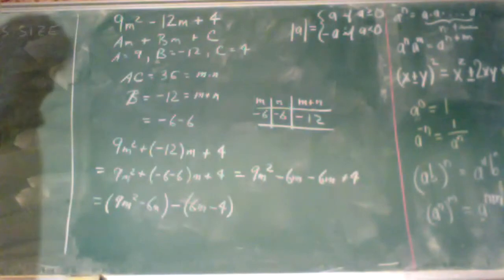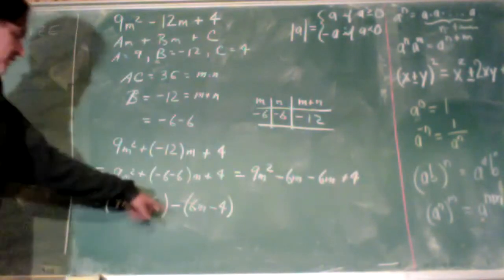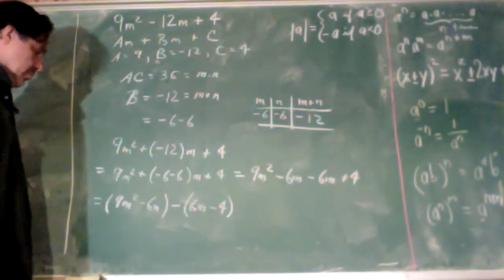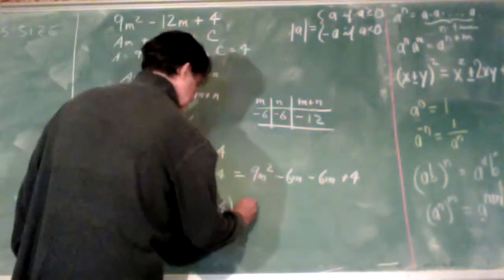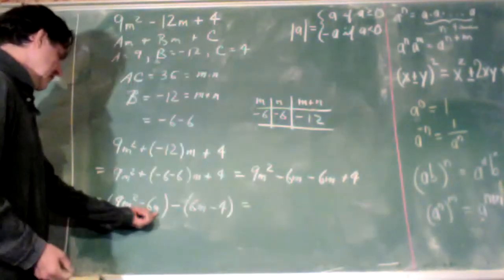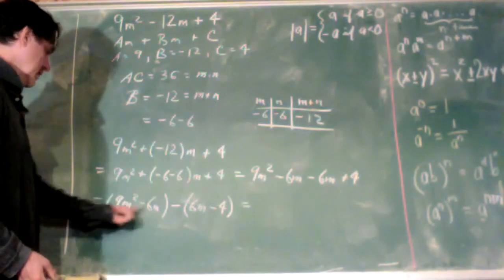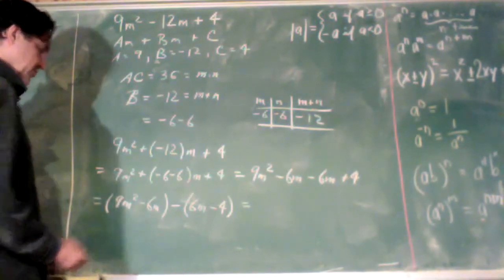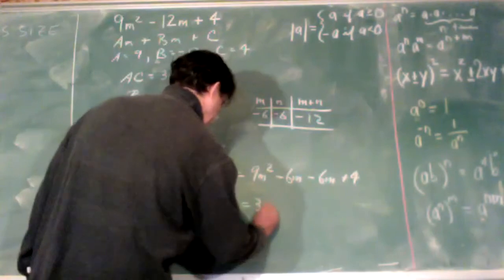Okay. So now, how do we factor each of these terms in the paren? I've got an m common, 9, 6 are both multiples of 3, so I take a 3m.